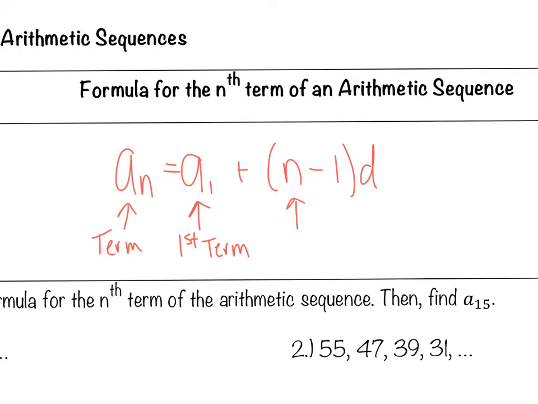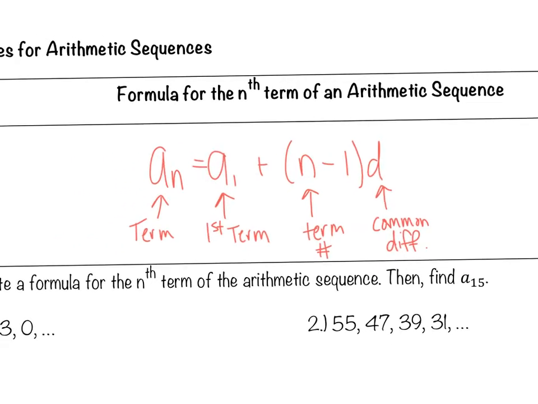N is the term number. So if it's the fifth term, you would put 5 in there. Sixth term, you would do 6, and so on. And then D, we already described, is that common difference.